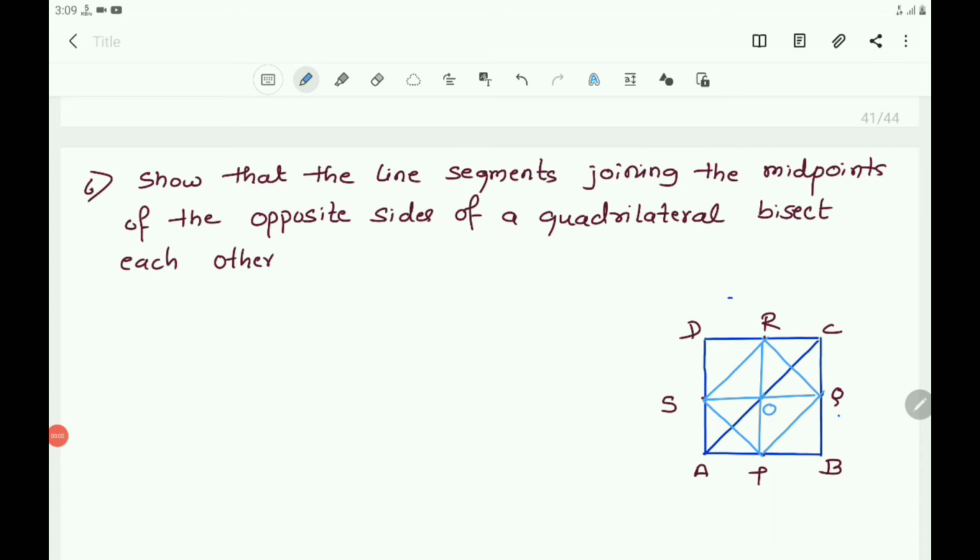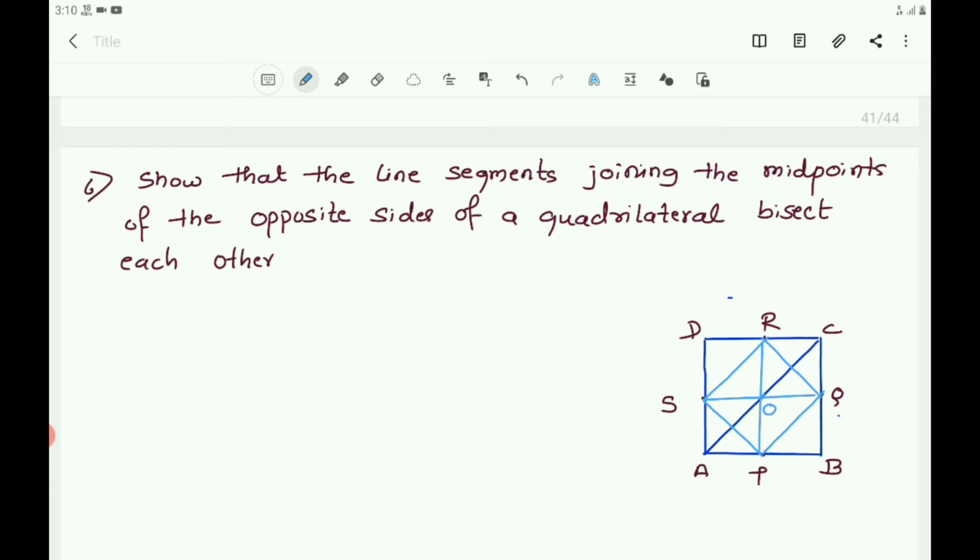Now the sixth question: show that the line segments joining the midpoints of the opposite sides of a quadrilateral bisect each other. Here ABCD is a quadrilateral and P, Q, R and S are the midpoints of AB, BC, CD, AD.